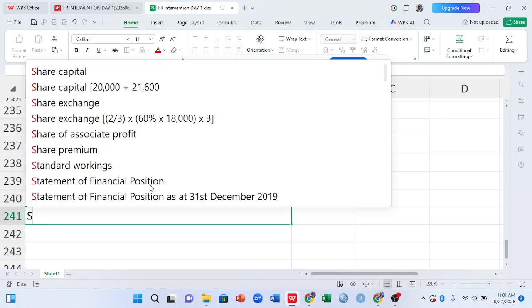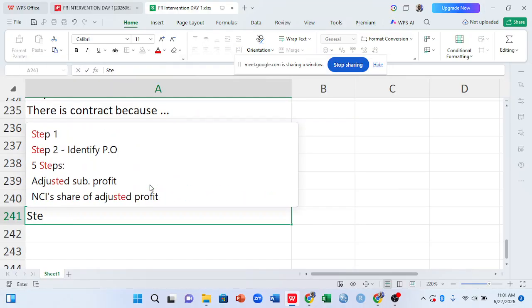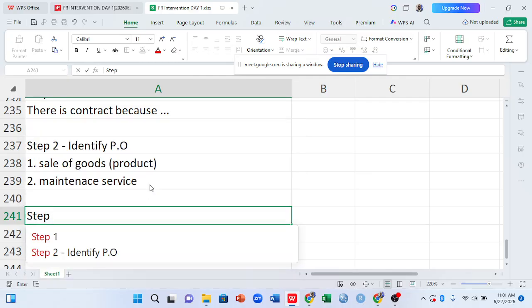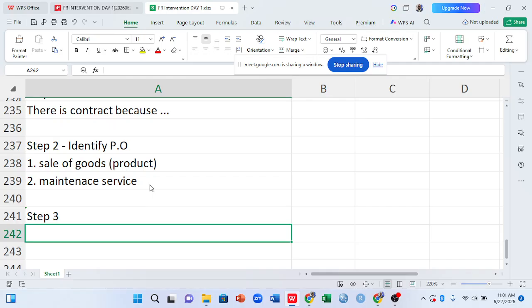Okay, the next step is determine the transaction price. So what is our transaction price? The next question.